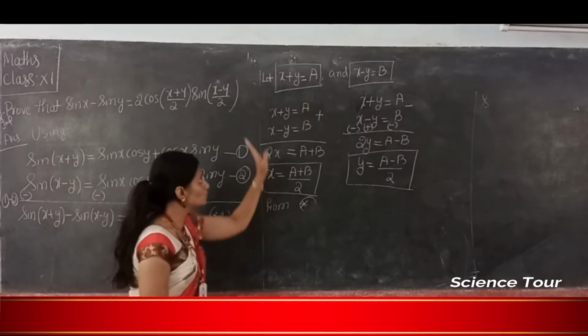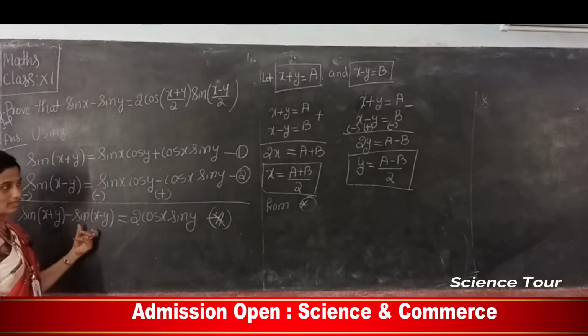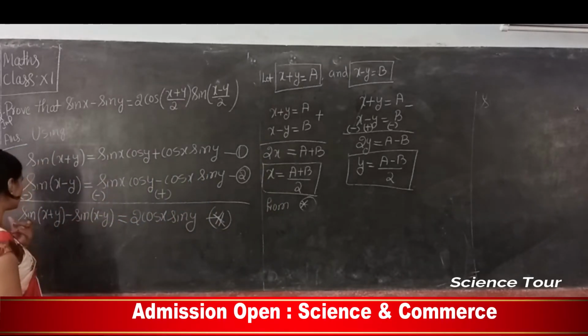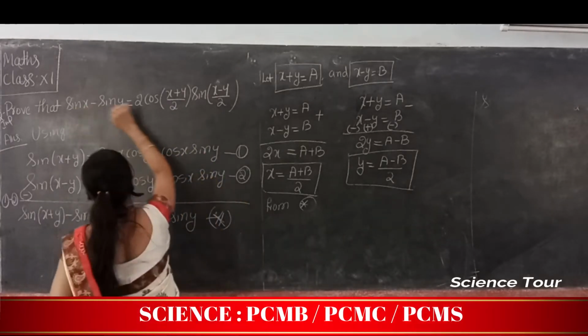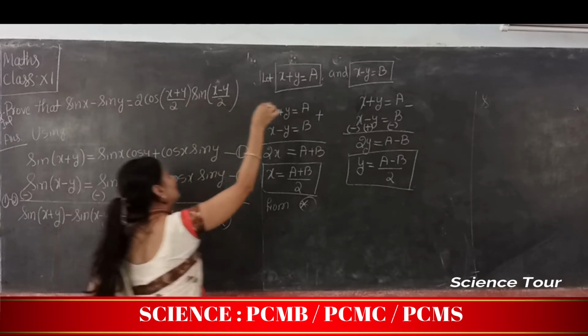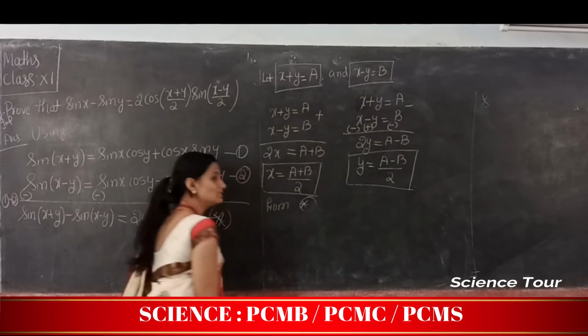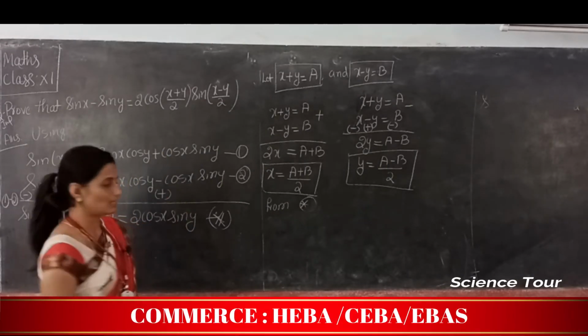Now replace those 4 boxes in equation star. Yes, now replace it. So now we should get it in this form. We don't get x and y, we will get a and b. Answer is in terms of a and b, but the format should be the same.